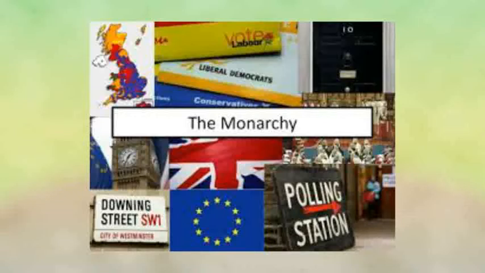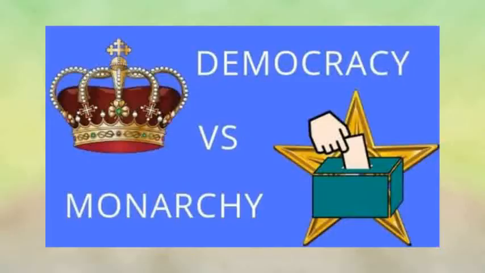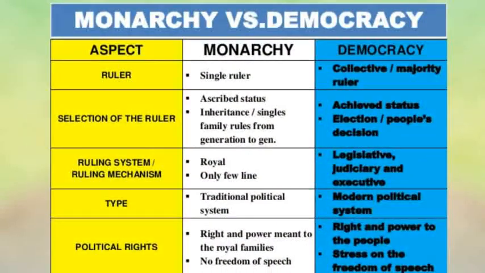Morocco, Saudi Arabia and Jordan are the monarchy form of the government. Now, I think you had understood what is the monarchy government. Let's we discuss monarchy versus democracy. If we will talk about the ruler, in monarchy government, there is a single ruler.